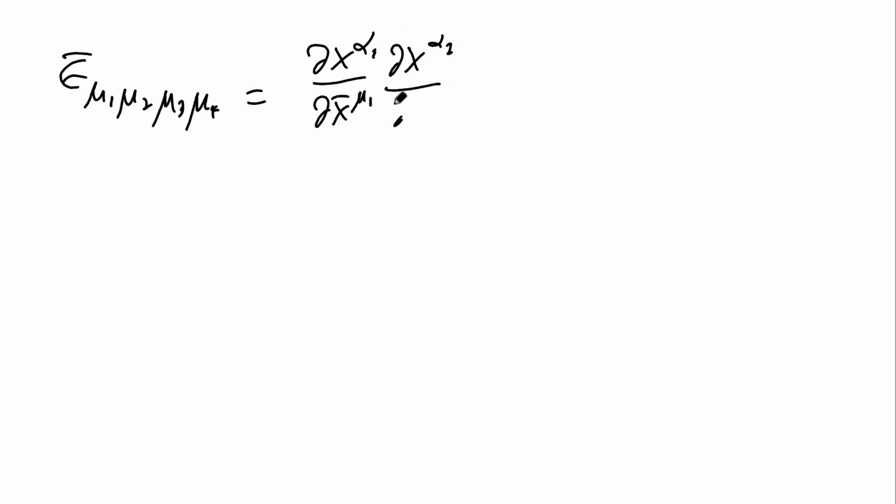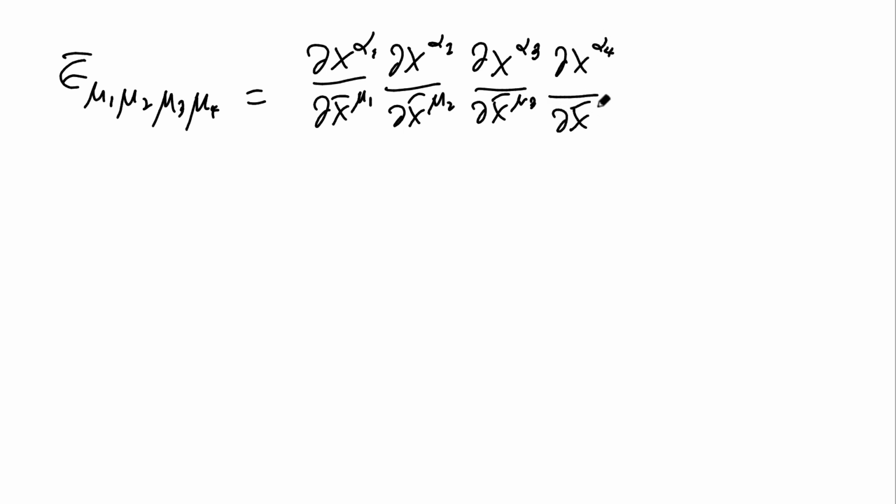Epsilon bar, let's call the indices mu1, mu2, mu3, and mu4, is equal to partial x alpha 1 with respect to x bar mu1, partial x alpha 2 with respect to x bar mu2, partial x alpha 3 with respect to x bar mu3, times partial x alpha 4 with respect to x bar mu4, all of that times epsilon alpha 1, alpha 2, alpha 3, alpha 4.